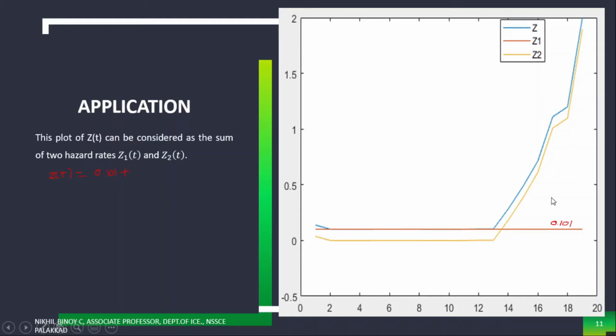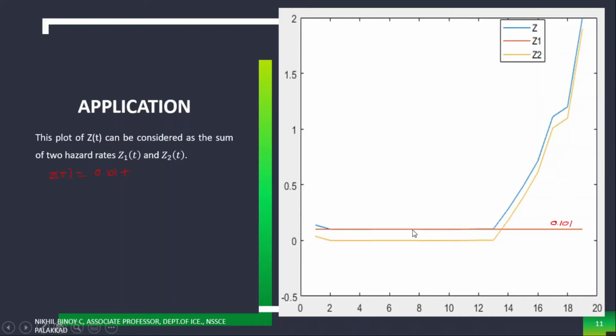So what is the remaining portion? Subtract 0.101 from this blue colored one. So we have Z2 represented by this orange colored one. This one is Z2, the remaining portion. If you subtract Z1, that is 0.101, from the given failure rate, the blue colored one, we have Z2, that is the orange colored one.